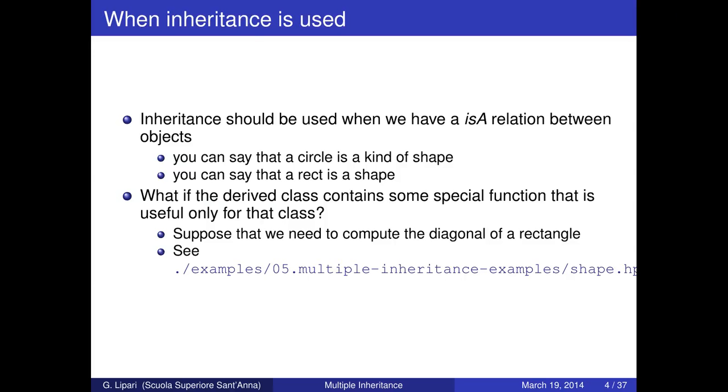So when you have this kind of is-a relation, then you can use inheritance. It's actually good to use inheritance. Now, suppose, however, that you have a derived class which contains some special functions that are useful only for those classes. For example, suppose that we need to compute the diagonal of a rectangle.